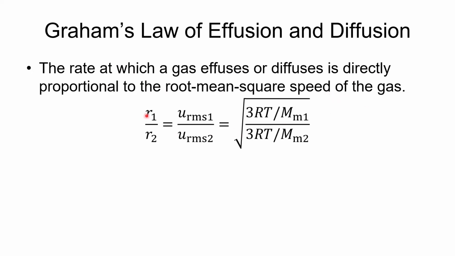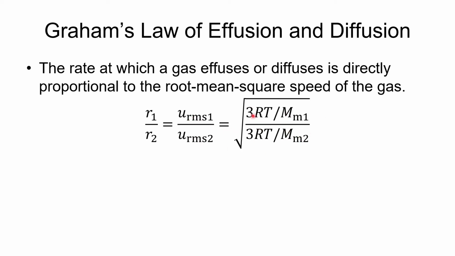So in other words, the rate that one effuses divided by the rate that two effuses is directly proportional to the speed that the molecules are moving. Well, we saw that the speed that the molecules were moving is inversely proportional to the molar mass.